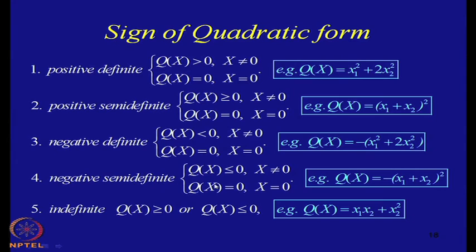But in the next example, Q(x) equal to x1 x2 plus x2 square, for different x1, x2 we cannot conclude anything about the sign of Q. For some combinations of x1 and x2, Q will be positive, and for some combinations, the Q value would be negative or non-positive. That is why in that case we will say the corresponding quadratic form is indefinite.